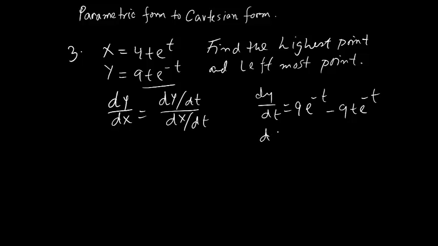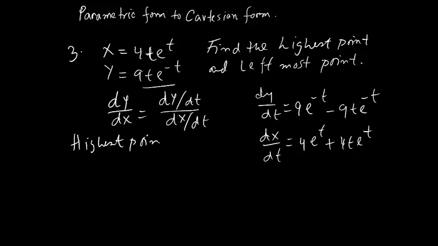And then dx/dt, from here, is product rule again. So you get 4e to the t plus 4t e to the t. So those are the derivatives. Now we are saying that for the highest point, dy/dx needs to be 0, horizontal tangent. So in this case dy/dt must be 0, with the restriction that dx/dt should not be 0.